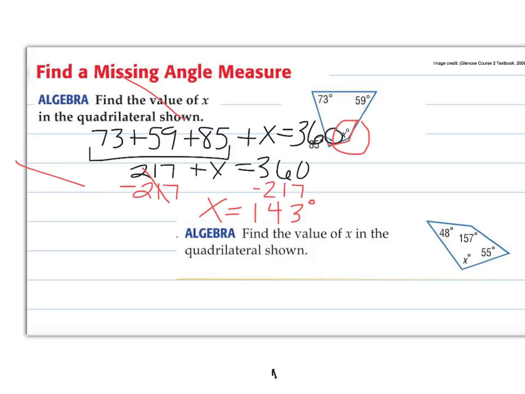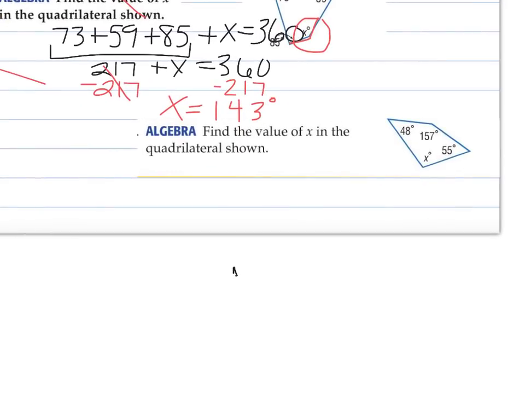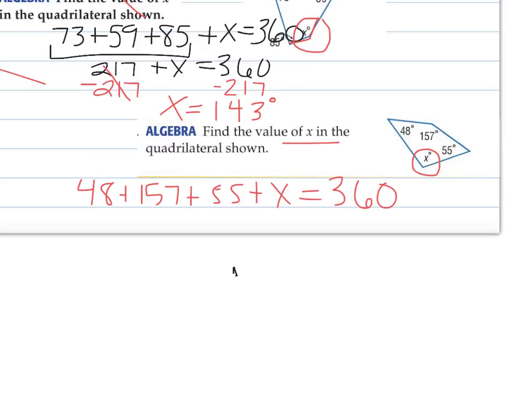Last one, if you feel comfortable, do it on your own. So find the measure of x, this missing value. I can see it's a little bit more than 90 is my prediction. So I have 48 plus 157 plus 55 plus that missing measure is all equal to 360 because it's a quadrilateral, using what I know to find what I don't know, in this case x.